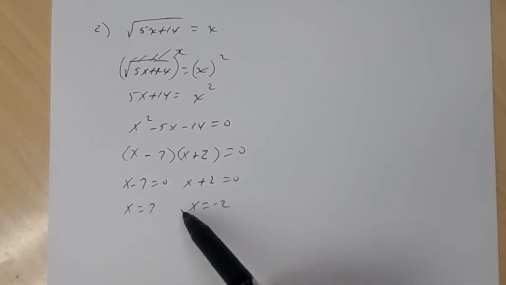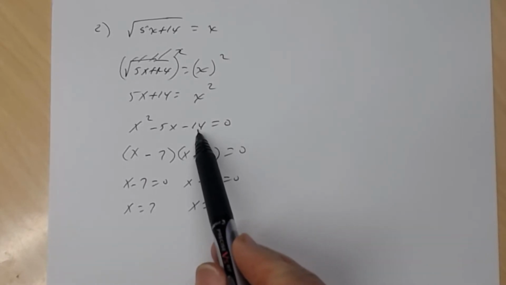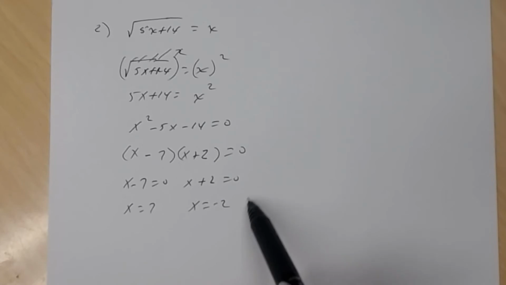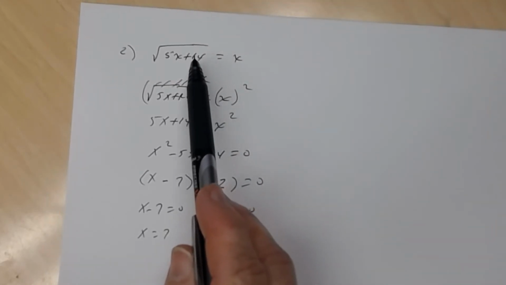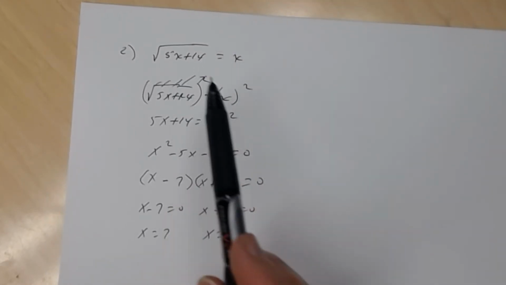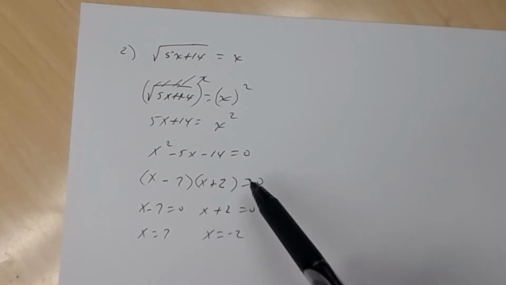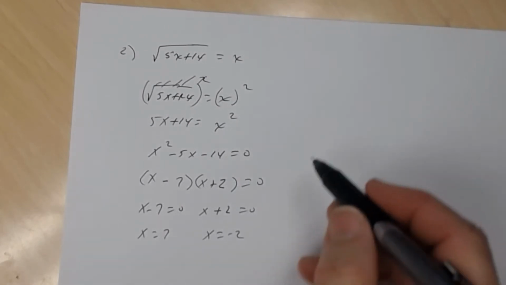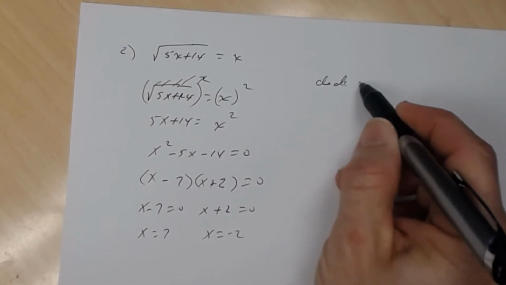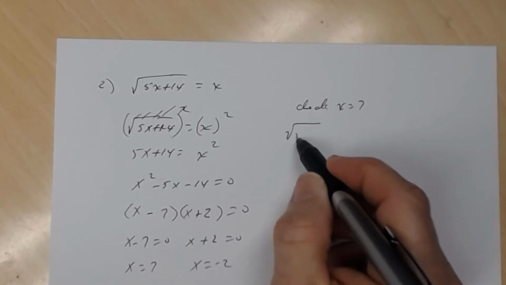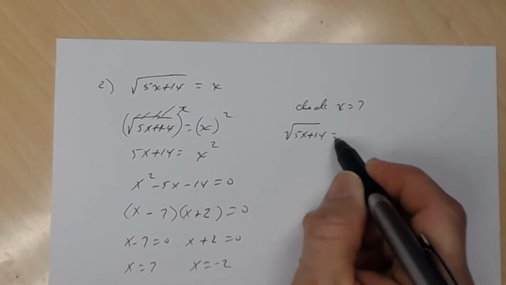All right, so again, these two are solutions to the quadratic equation, but the question is, are they solutions to the square root equation? Whenever you raise both sides to an even power, you may introduce extraneous roots, so you need to check. So we're going to go ahead and check x equals 7. Look at the original problem.